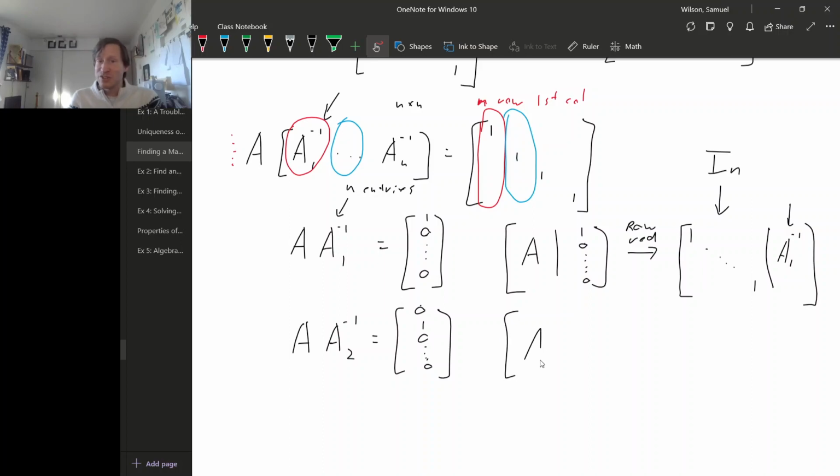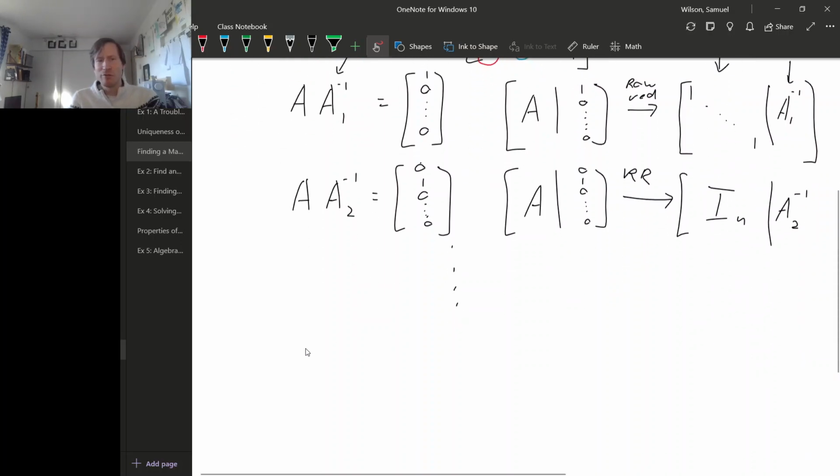The augmented matrix for that would be A augmented with 0, 1, 0, and then all zeros after that. And then we do row reduction again. And again, assuming that the inverse exists, we have to get the identity matrix on the left, and the vector here that is our solution will be the second column of our inverse matrix.